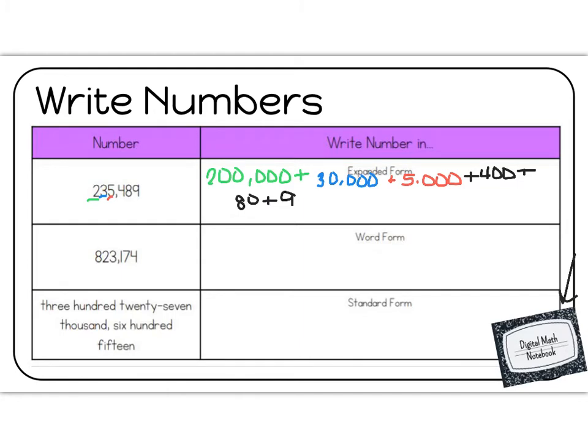The next example is a number in word form. When we write a number in word form, we say all the numbers that are in a period together. So these three together are 823. Then we write it just like that.